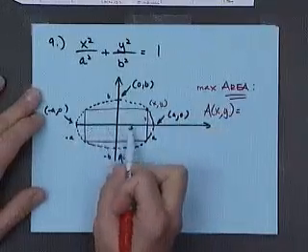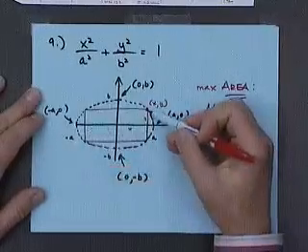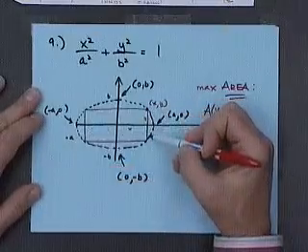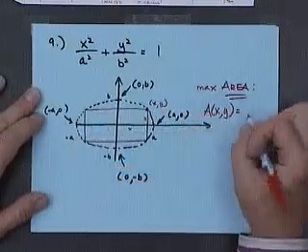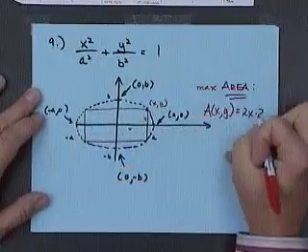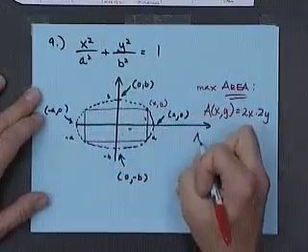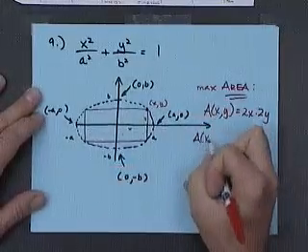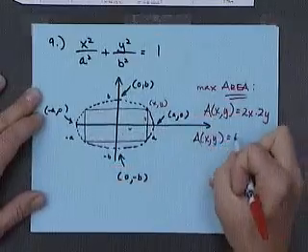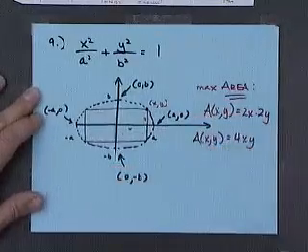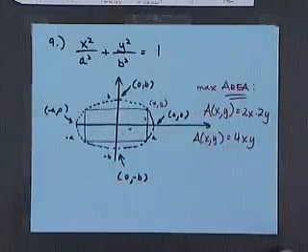So the length would be 2x, and the width or height would be 2y. So we want to get rid of a variable.